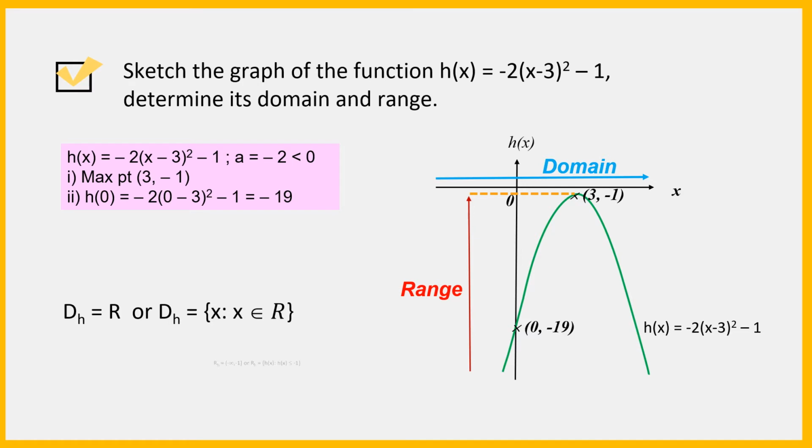So the range is written in interval form as round bracket -infinity to -1 square bracket, where -1 is inclusive, or in set form, h of x such that h of x is less than or equal to -1.